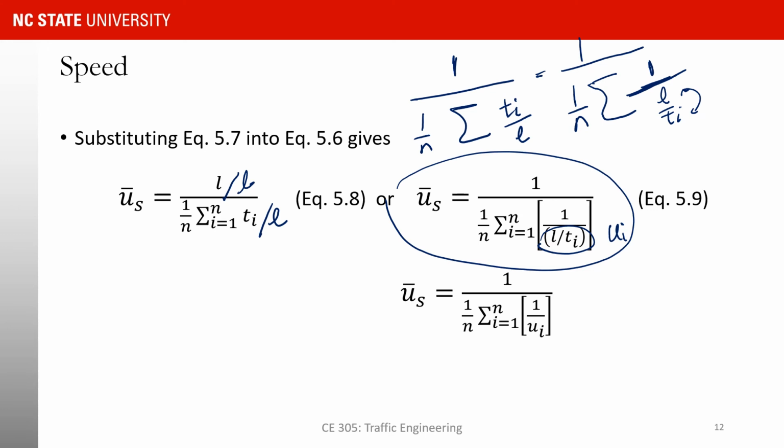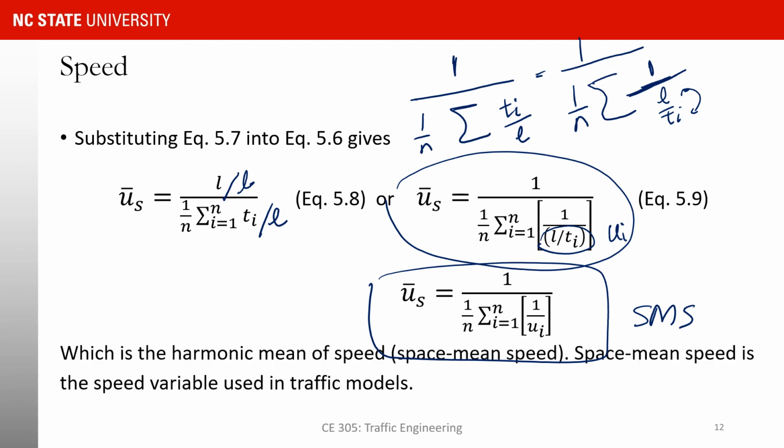If I have the speed of each vehicle and I take the regular average of those, I'm going to get time mean speed. And if instead of taking the regular average, I take the harmonic average, as you see here, I'm going to get space mean speed. So that's the sentence that I have on this part of the slide for you.